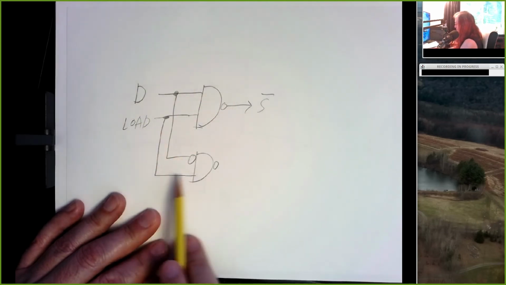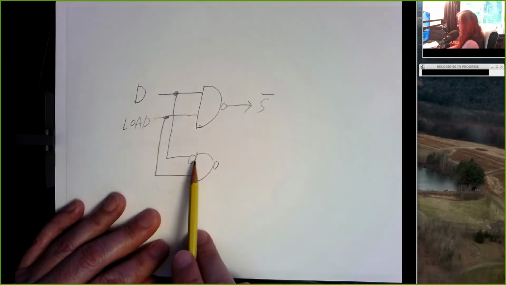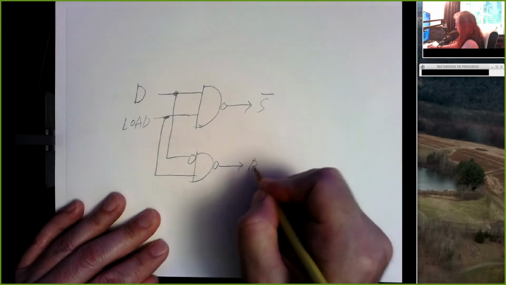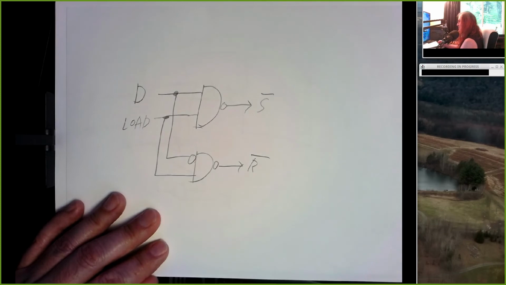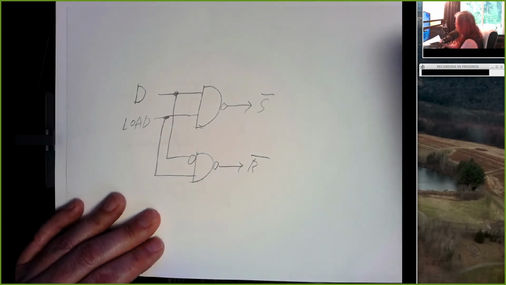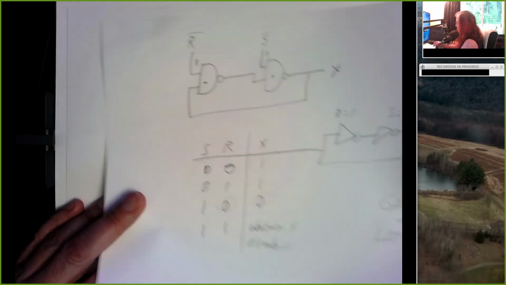And if the load line is high and our D input is 0, meaning that the inverted input will be 1, then the NAND will output a 0, and we'll feed this to our reset input. And so we can build our SR circuit using this kind of design.